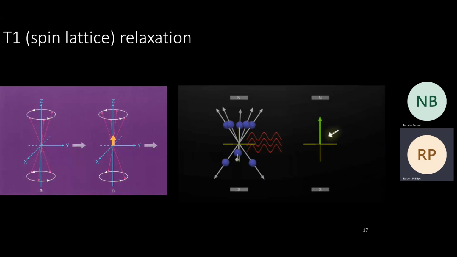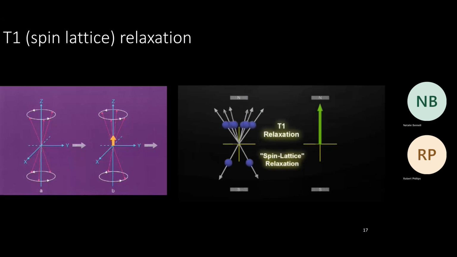And during this process, the tissue starts emitting radio waves. And this process is called T1 relaxation, also called spin lattice relaxation, or we can just say T1 relaxation. And the longitudinal magnetization is complete here.